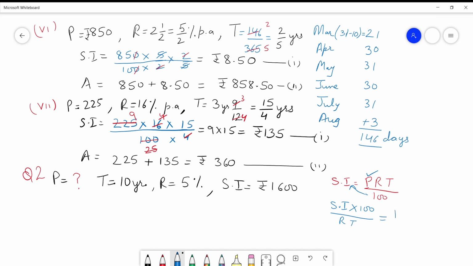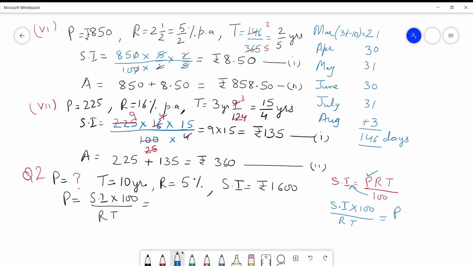And we'll get the formula for P. Same way we can get the formula for R. The downside we will write P and T, and for T we will write P and R. That is the only difference.